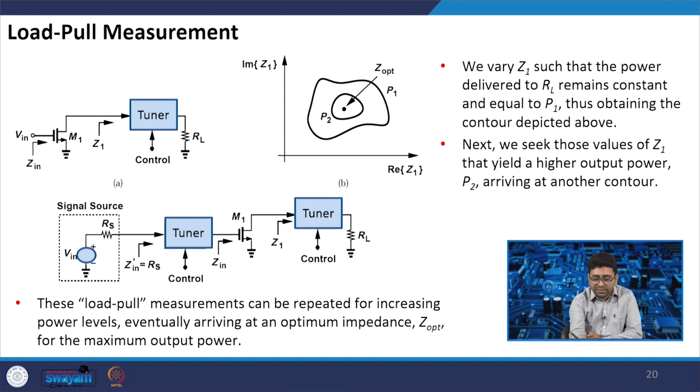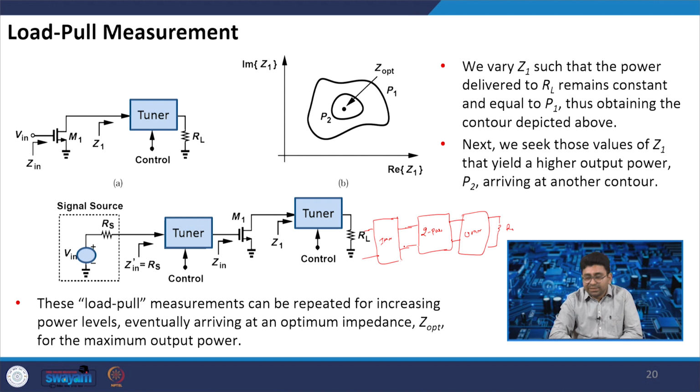We have already discussed that there is any two port network, with an output matching network and an input matching network, and then we have considered the RL, and there is an input RS, while designing the amplifier.